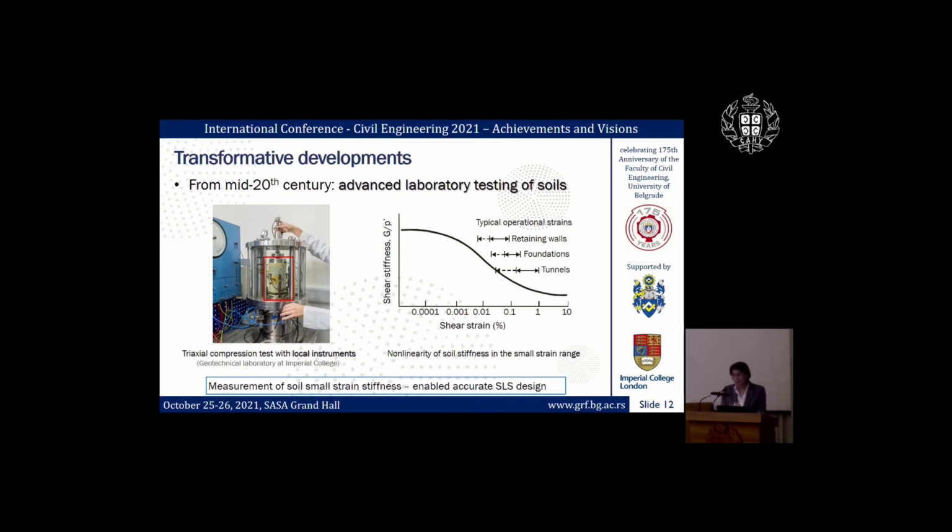In addition to ultimate limit states and the failure of the soil, in my personal view, what has made a real breakthrough in dealing with deformations and serviceability limit states in geotechnical engineering has been the measurement of deformation of the soils with the so-called local instruments that are attached to the sample itself, not any longer being attached to the triaxial cell somewhere externally to the cell, and therefore measuring also the compliance of the apparatus as well as deformation of the soil.